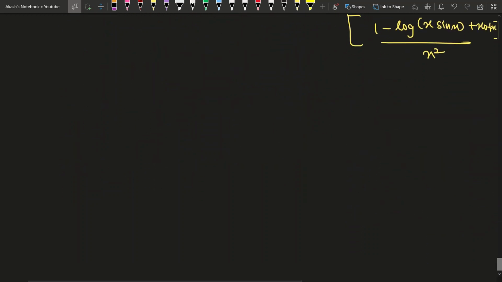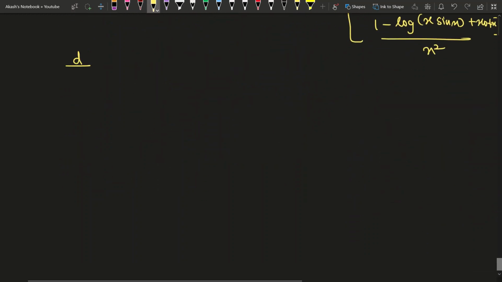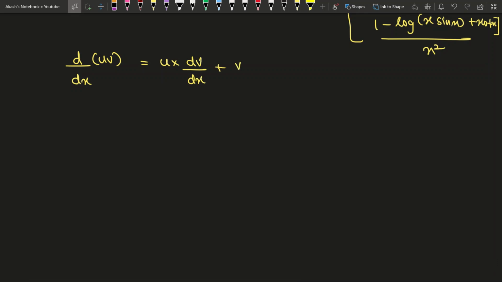We have used many things. That means we used a product formula, d by dx of uv, which is the first function into derivative of the second function plus second function into derivative of the first function. We used d by dx of logarithm of u, which is 1 by u into du by dx.